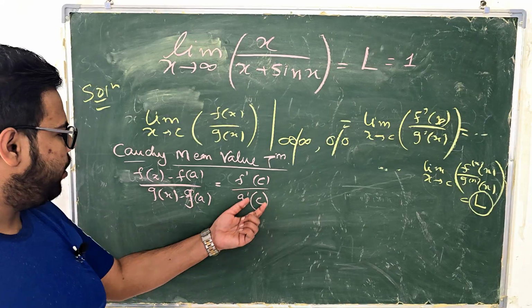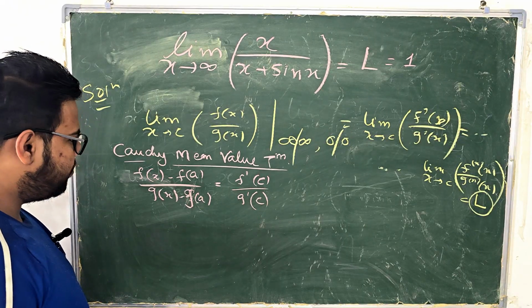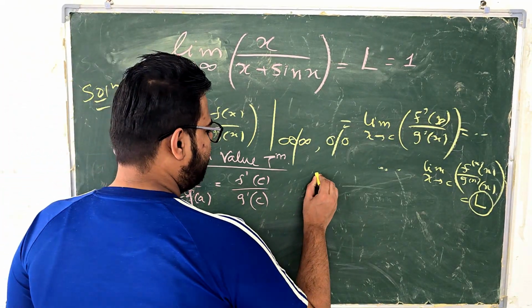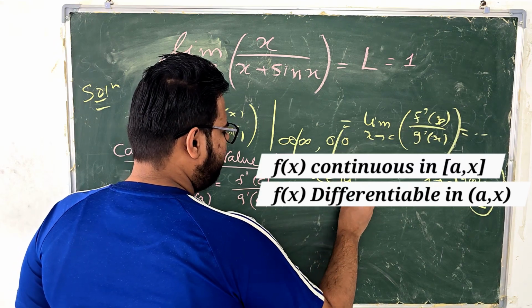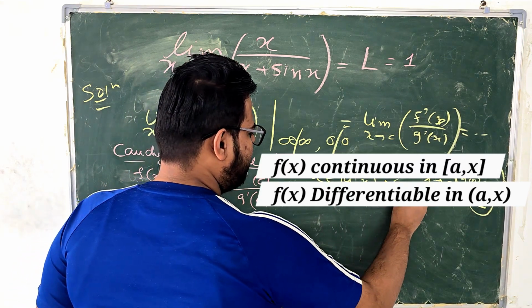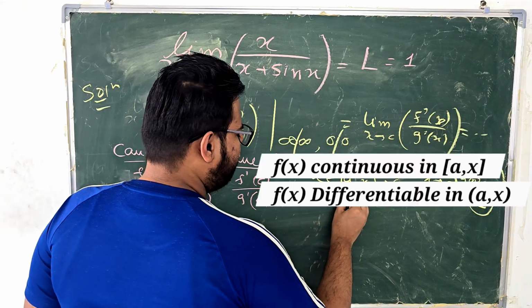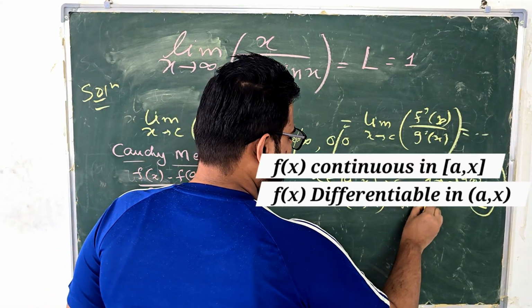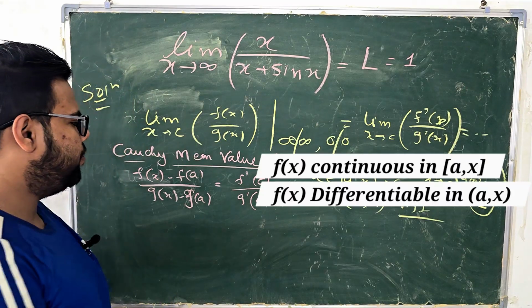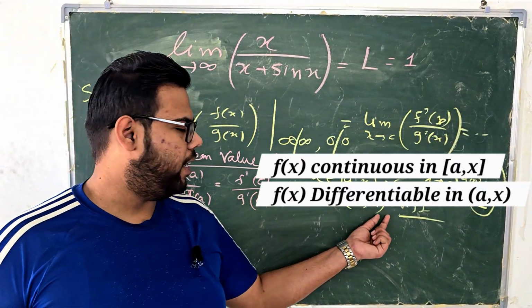So this is Cauchy mean value theorem, and of course where the function is continuous for a to x. For x belonging to open a to x, the function is differentiable, right? So c is lying between a and x actually.